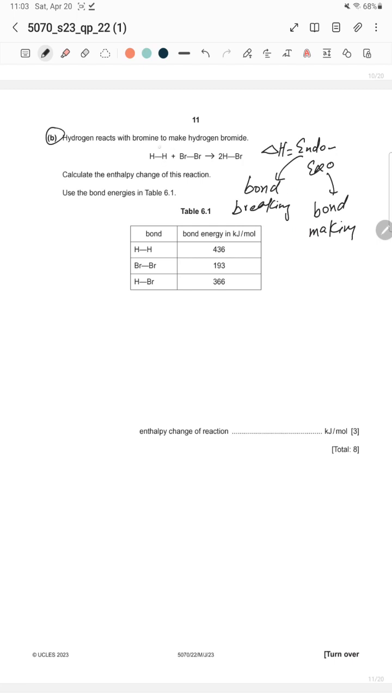Firstly, bond breaking occurs in the reactants. So let us calculate the value for bond breaking. For this, there is 1 mole of H-H, and in order to break one H-H bond, we need 436 kilojoule per mole of energy.